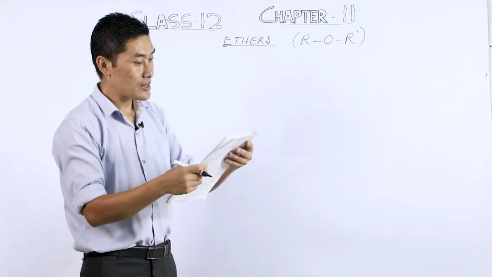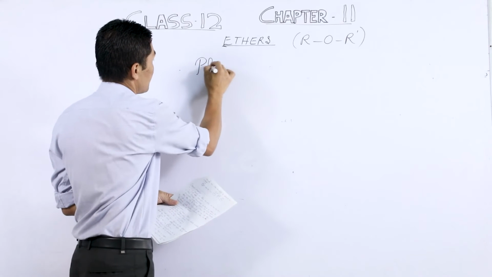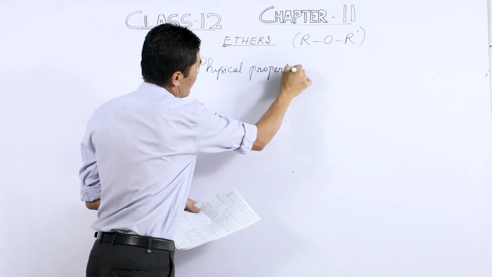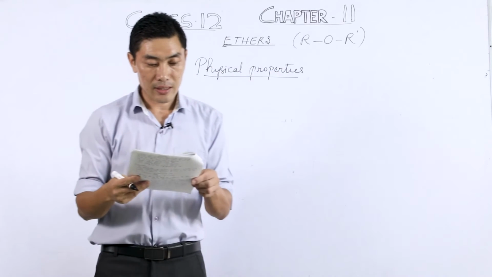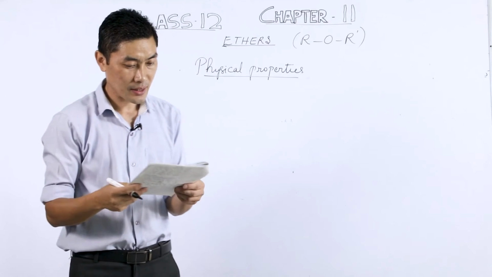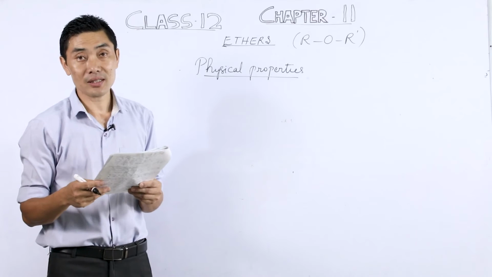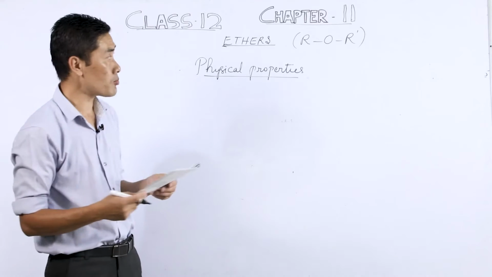Now let us see some of the physical properties of ethers. The first physical property is that the C-O bonds in these ethers are polar in nature, and thus they have a net dipole moment.